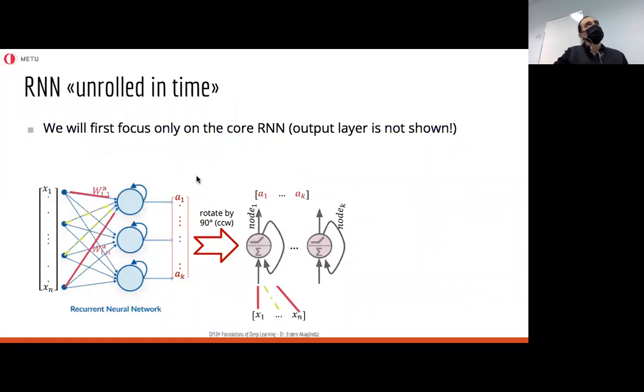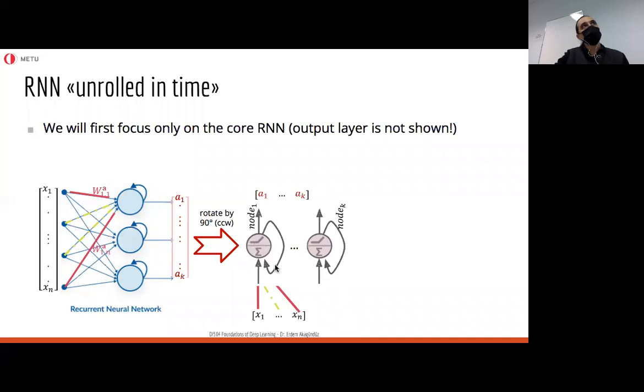So instead of this, I'm going to get this core RNN and rotate it. For all nodes, when I rotate this, this node becomes this node, and so I rotate it in a counterclockwise direction by 90 degrees.